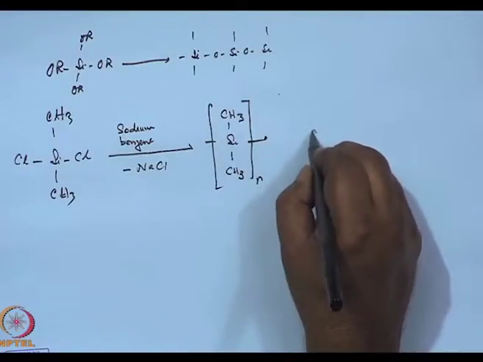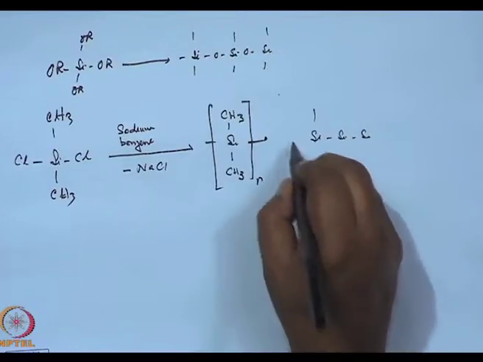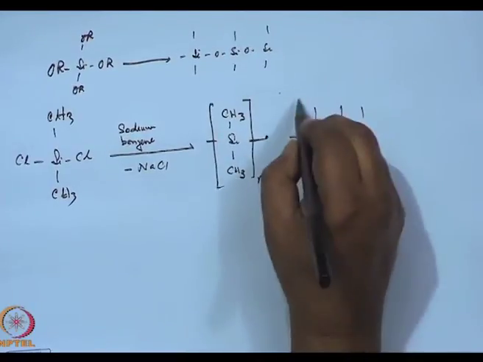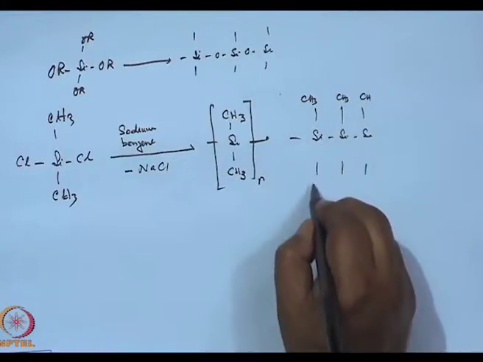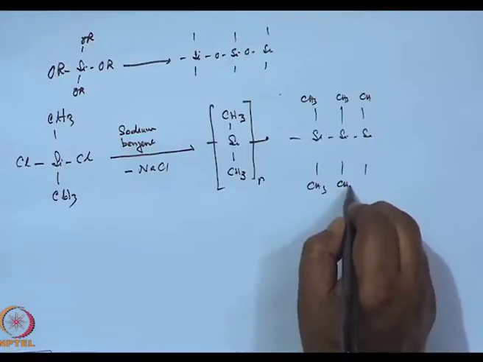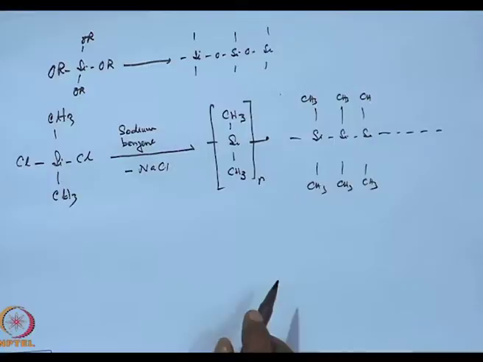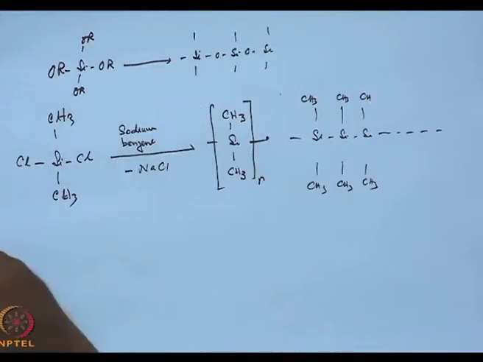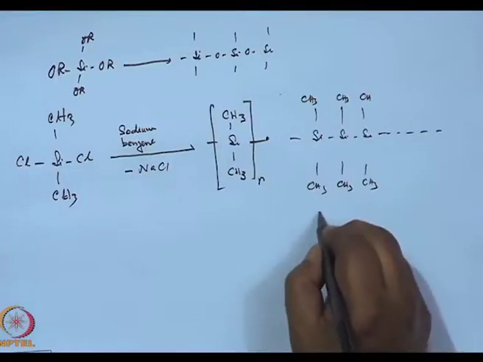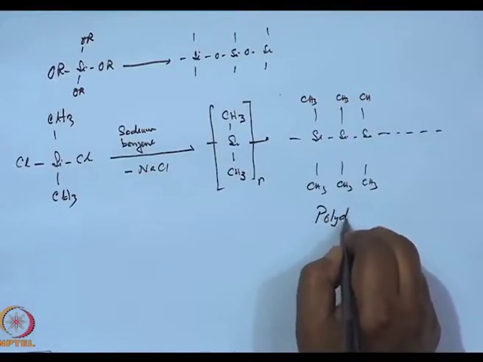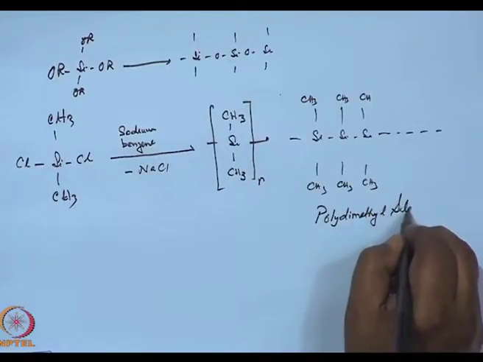Essentially, what it means is that we got this sort of a linear polymer. Now, this is called polydimethyl silane.